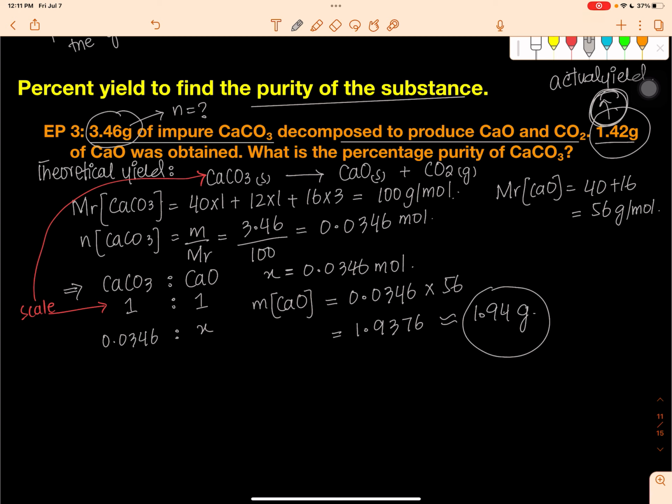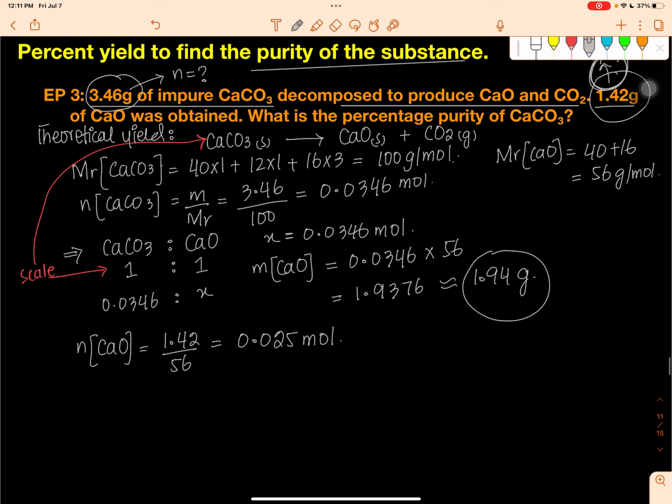So we need to convert this 1.42 grams into the number of moles. We have 1.42 divided by 56. This is equal to 0.025 moles.